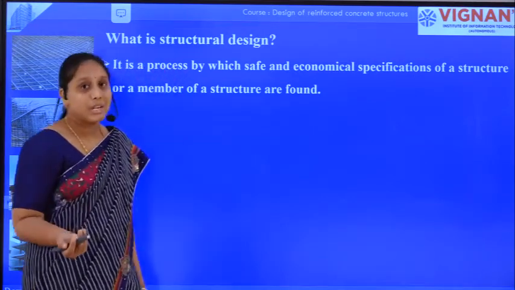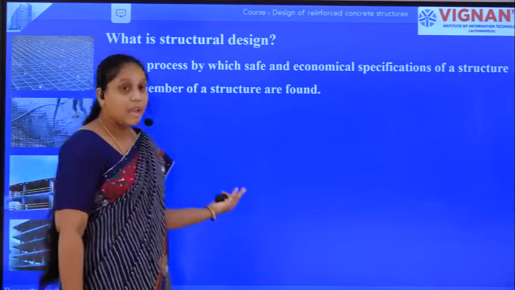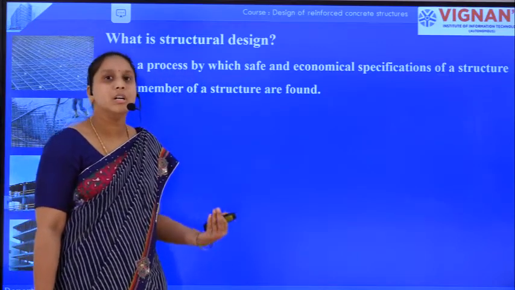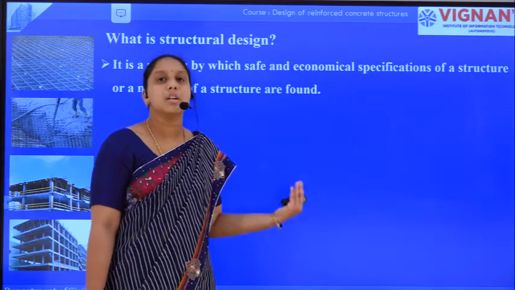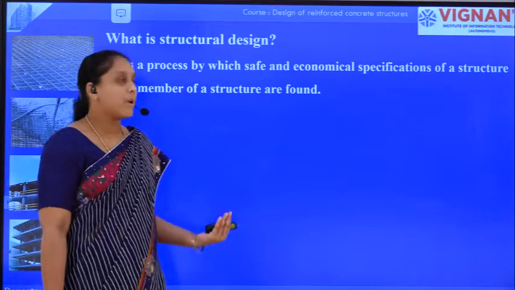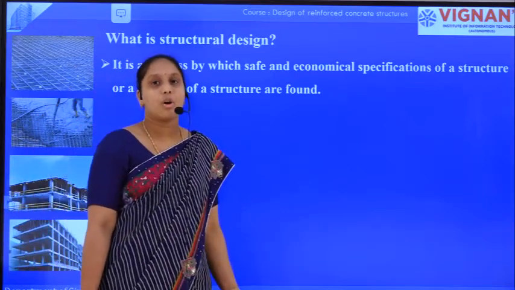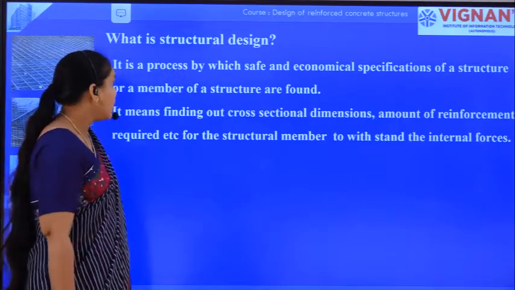So structural design in the sense is what? It is a process in which safe as well as economical specifications, in the sense the cross-sectional dimensions and the area of steel, all this comes under the specifications of a structure or a structural member, are found out. So that is called the structural design.